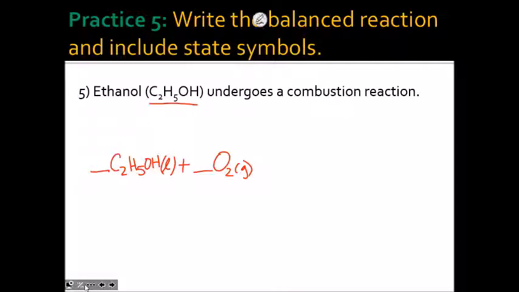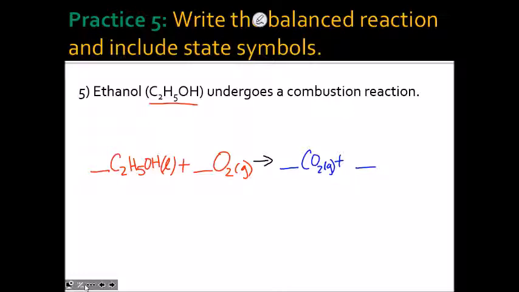Now, what are the products of the combustion reaction? They're always the same too. So we have two of them. What's always the products of combustion? CO2 and H2O. Now, I'm sure pretty much most of you know that carbon dioxide is a gas at normal conditions.